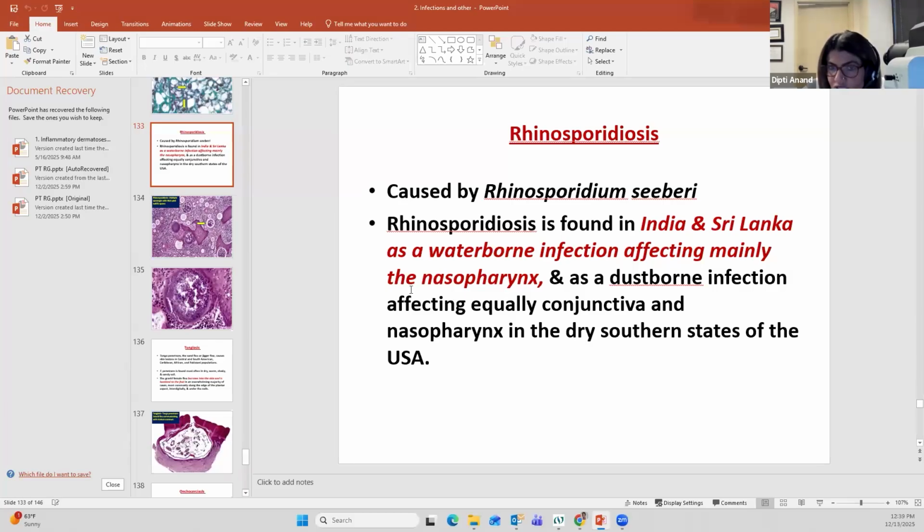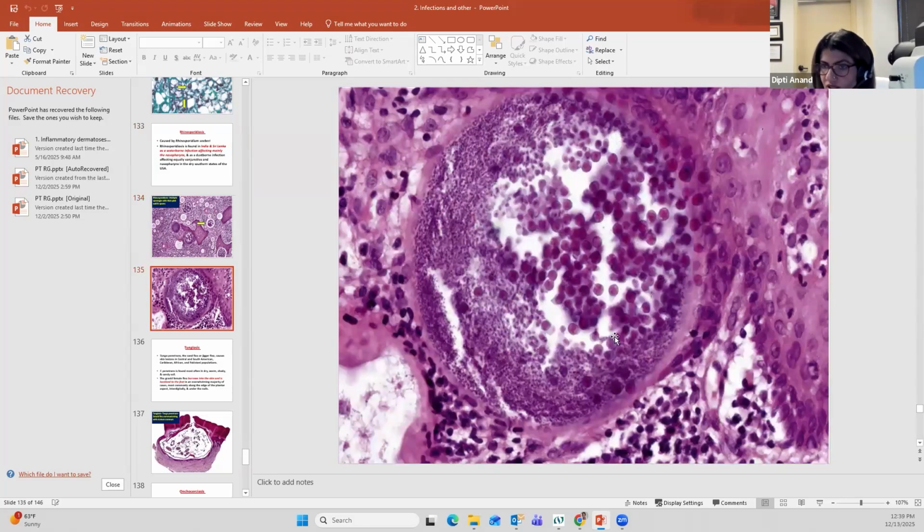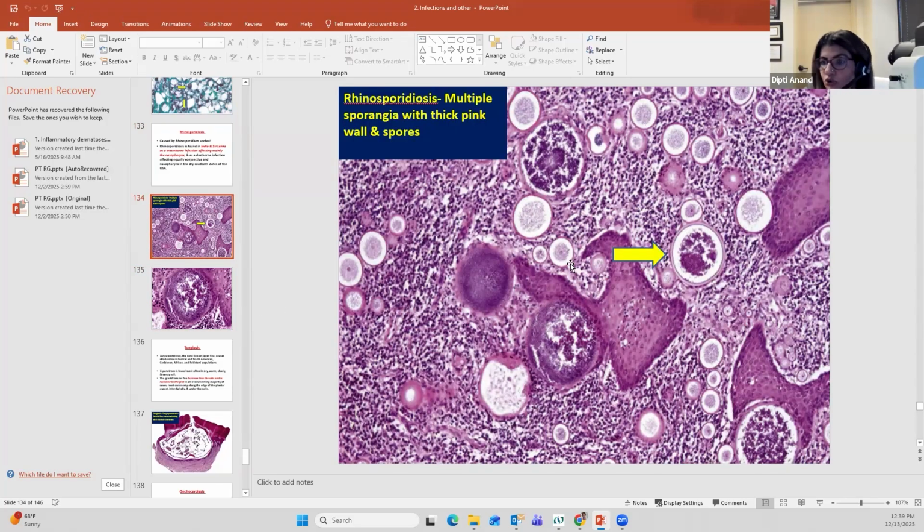It's a waterborne and dustborne infection, so when they ingest the dirty water, it will produce these polypoidal masses in the nasopharynx and in the conjunctiva if the water gets in there. And these are really big. They are easily recognizable. You can see these thick walled sporangia, which will contain these spores. Okay, so that is rhinosporidiosis.